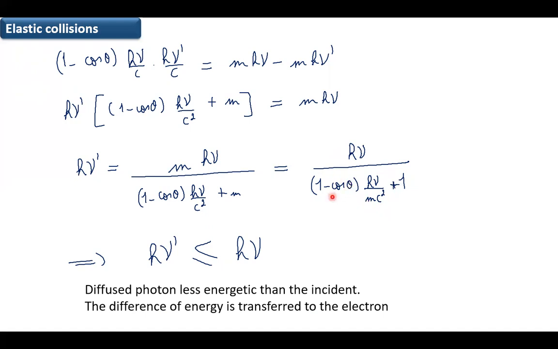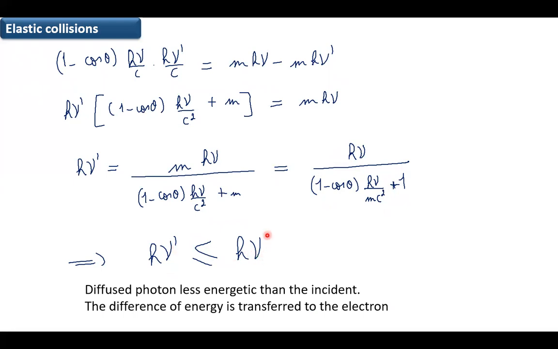Okay, so the cosine is always less than 1. Here we have a 1 plus something, so the denominator is always greater than 1. So h nu prime is less than h nu.